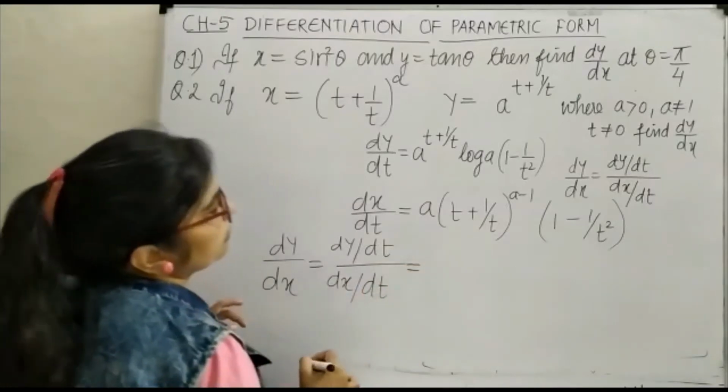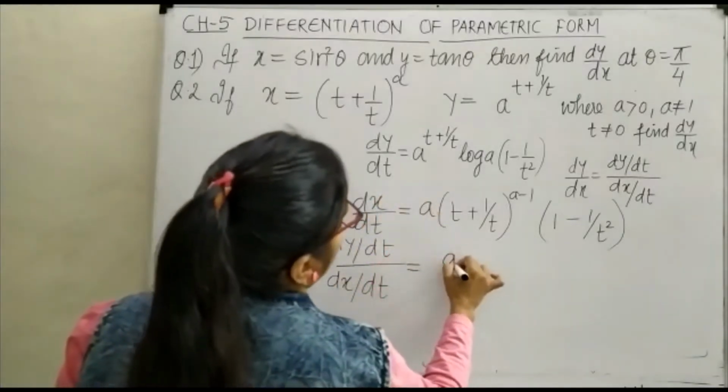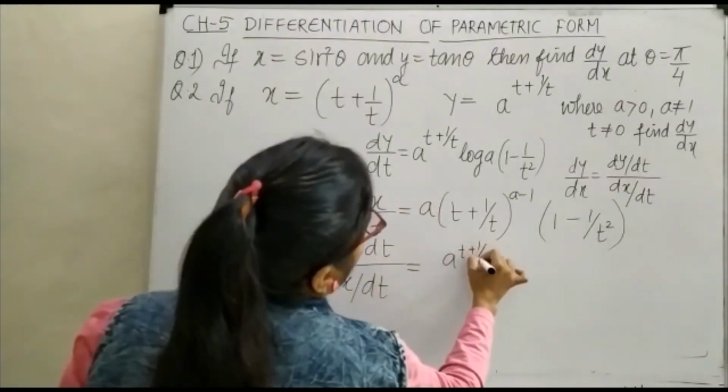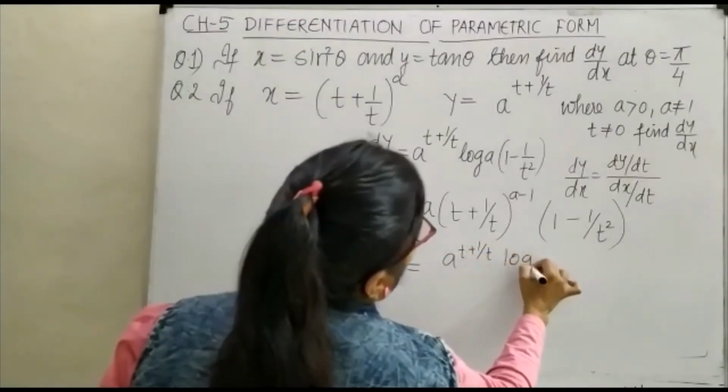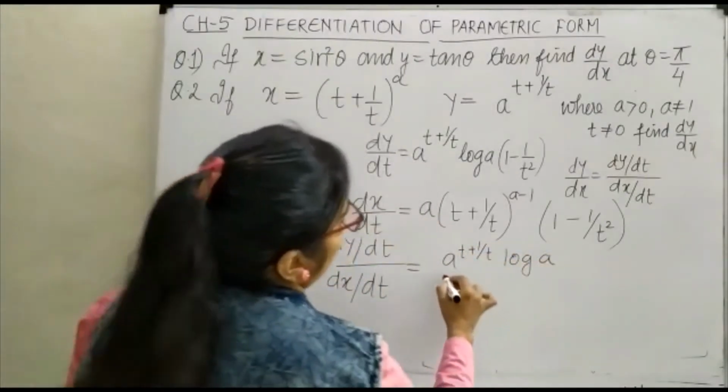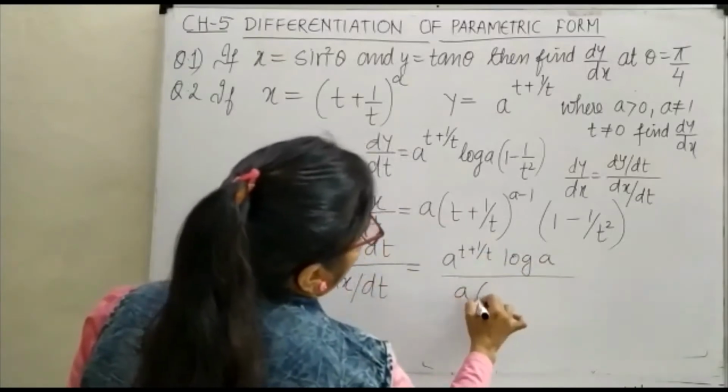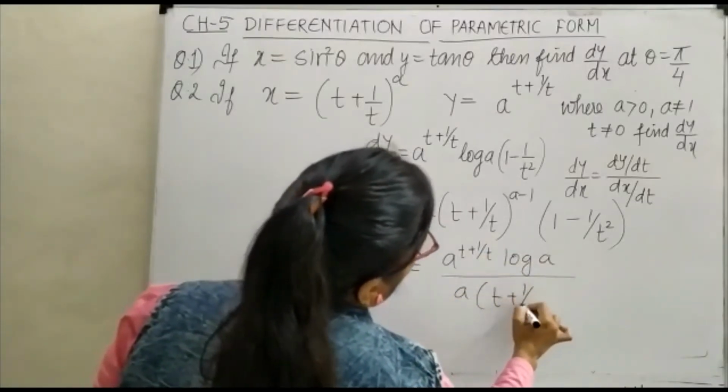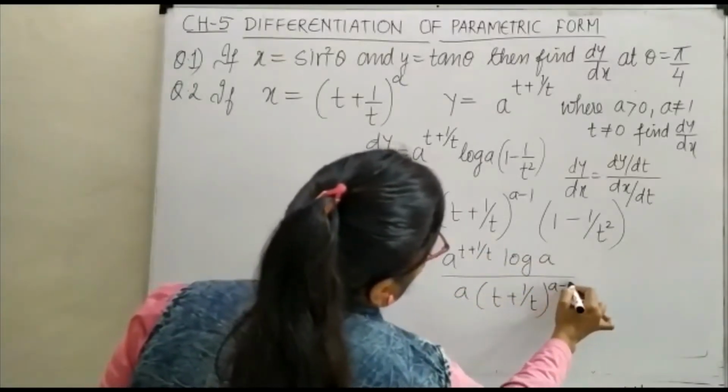So you can see here this will be a to the power (t plus 1 upon t) log a upon a times (t plus 1 upon t) to the power a minus 1.